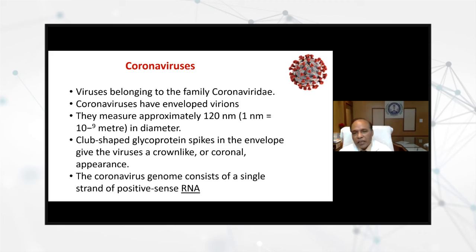This is a very, very tiny virus, as most viruses are, only about 120 nanometers. The peculiar thing about these coronaviruses is that they have club-shaped glycoprotein spikes on the envelope, which you can see on the right side of this slide, and I will show you a little more on the next slides. That is the reason it is known as crown-like, or coronal, in appearance, and they are all called coronaviruses.